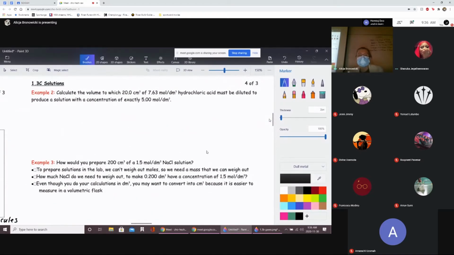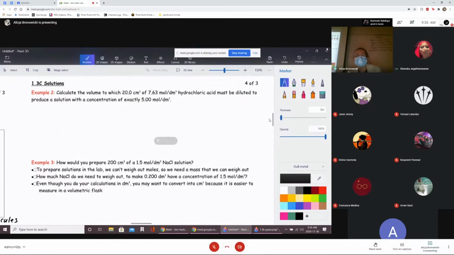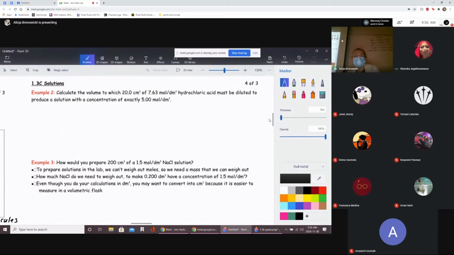Calculate the volume to which 20 cubic centimeters of 7.63 mole per liter hydrochloric acid must be diluted to produce a solution with a concentration of exactly 5 moles per liter. Again, I like to draw pictures so that I can visualize what's going on. Some people could just crunch the numbers, but I like to draw a picture.